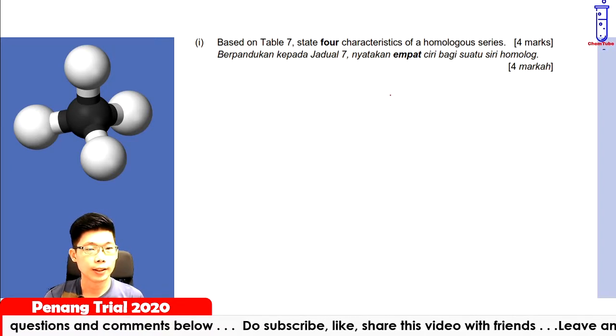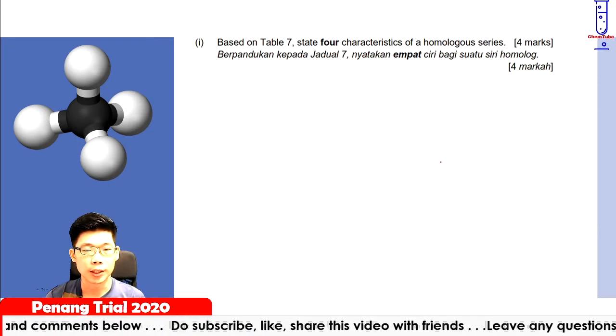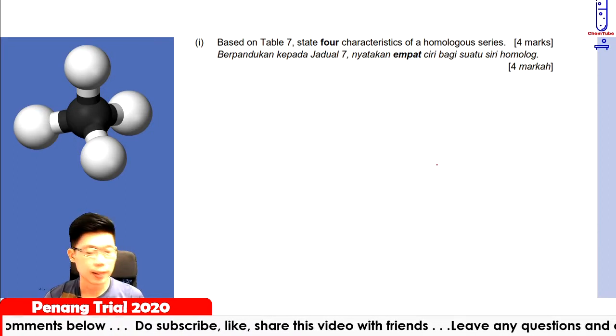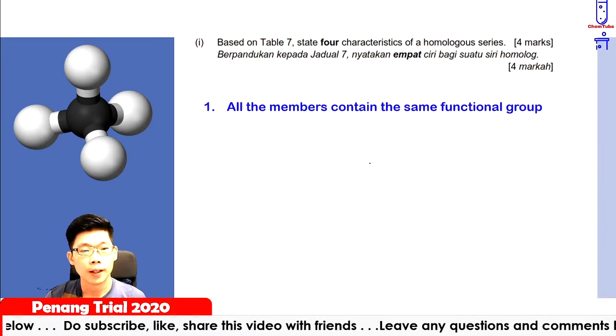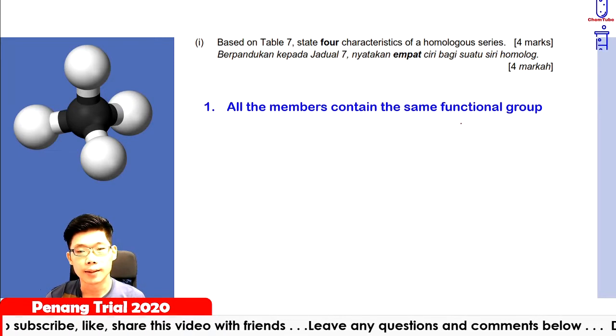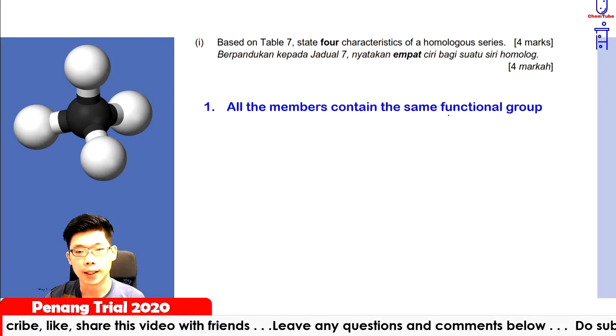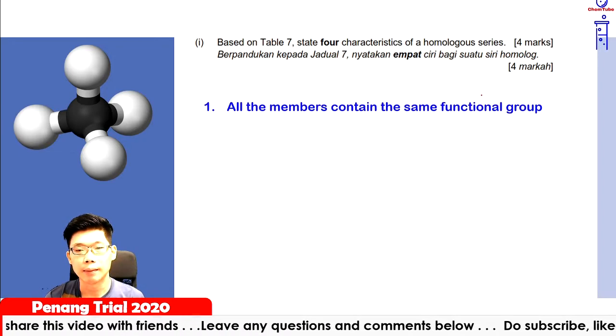Actually, just now I have given you the information about the homologous series already. So here, suggested answer. Number 1, all members contain the same functional group. In this case, the alkene has a carbon-carbon double bond.